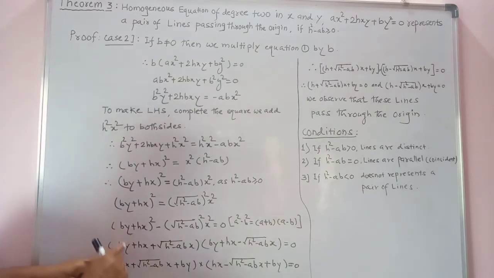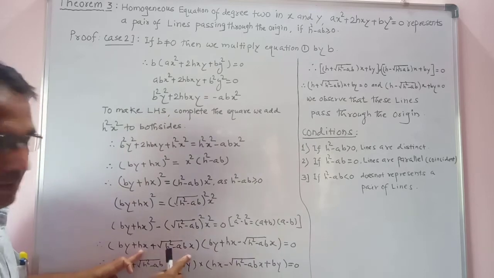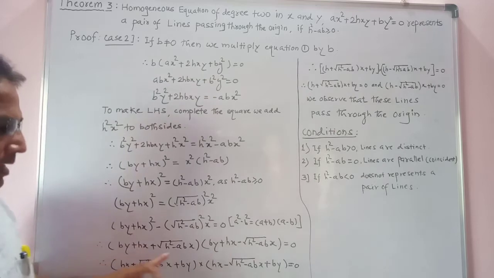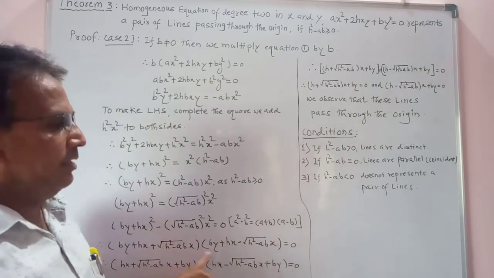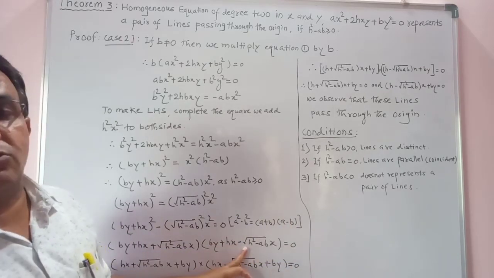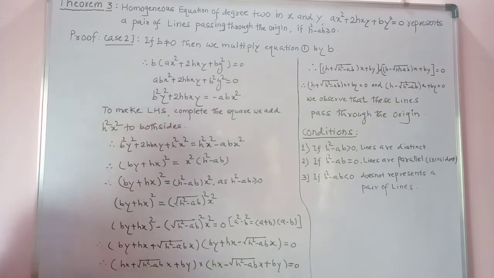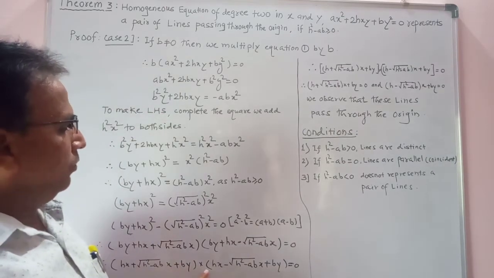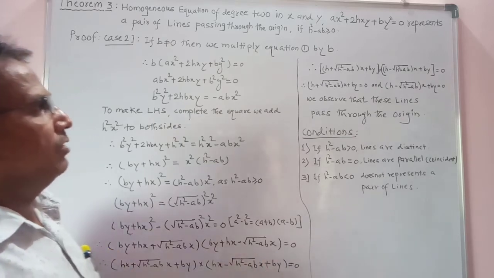Here a means by plus hx and b means root of h square minus ab, into x. Therefore, (by plus hx plus root h square minus ab into x) into (by plus hx minus root h square minus ab into x) equal to 0. We write hx plus root h square minus ab into x plus by, and hx minus root h square minus ab into x plus by equal to 0.